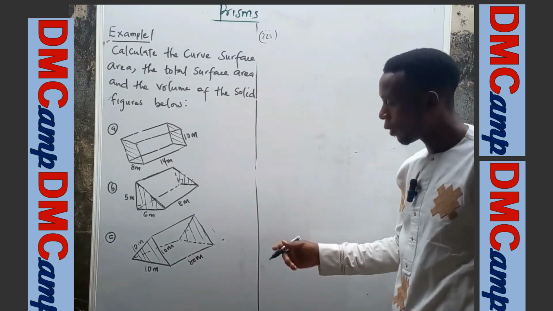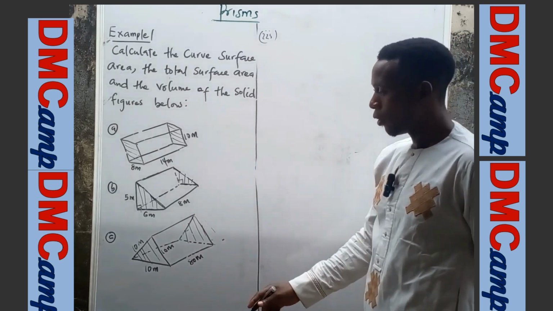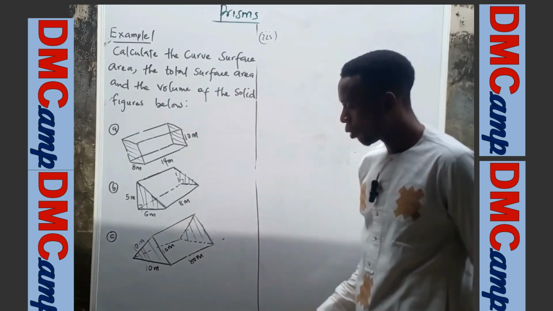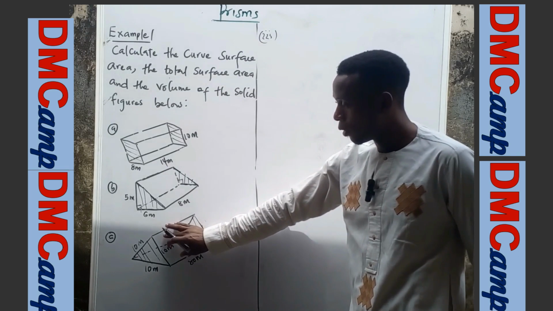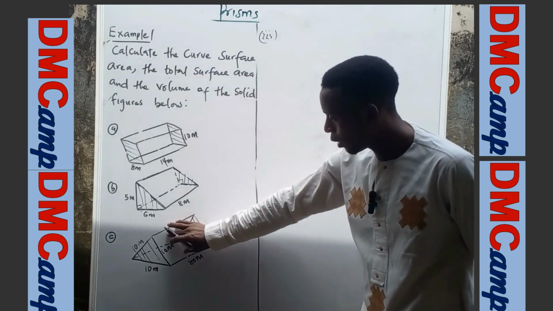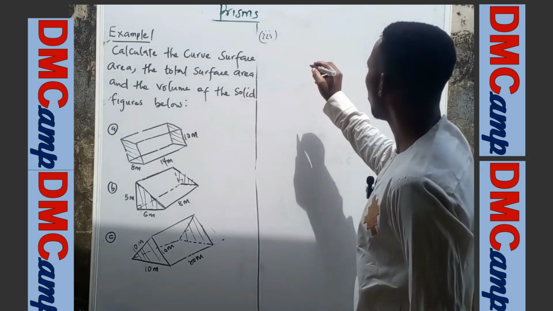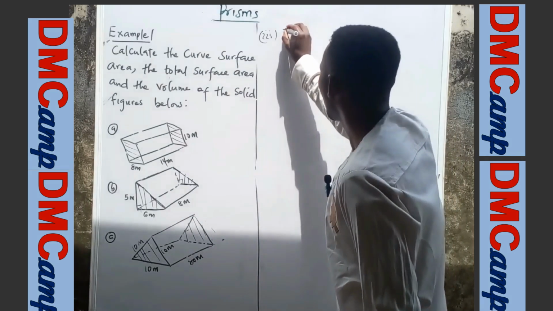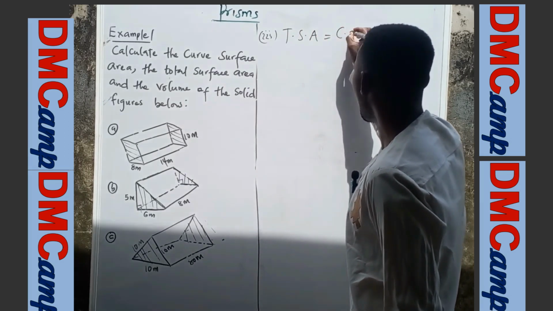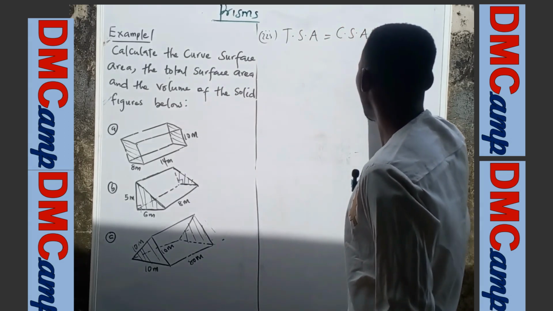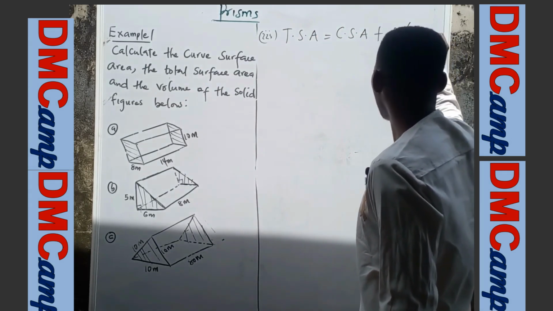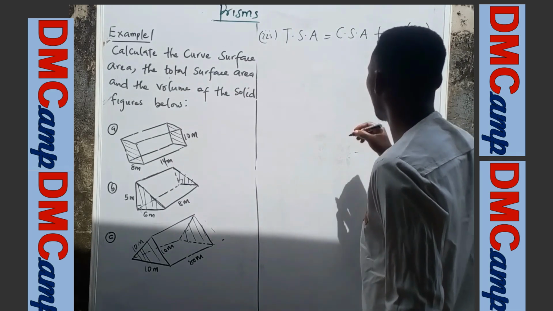Okay, let's see how to get the total surface area of this figure, which is the triangular prism. How do we get the total surface area? The formula simply says that total surface area is equal to cross surface area plus 2 of the area of the cross section.